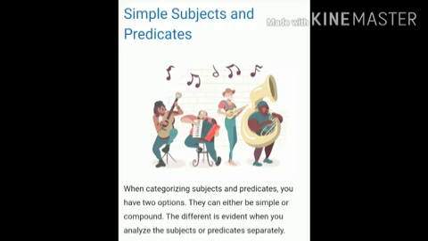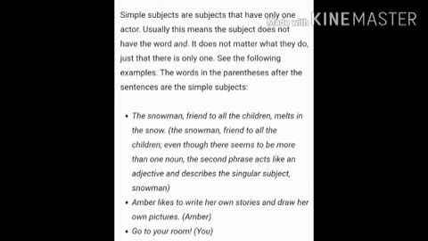Simple subjects and predicates. When categorizing subjects and predicates, you have two options. They can either be simple or compound. The difference is evident when you analyze the subject or predicate separately. Simple subjects are subjects that have only one actor.